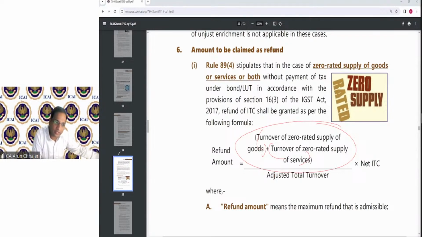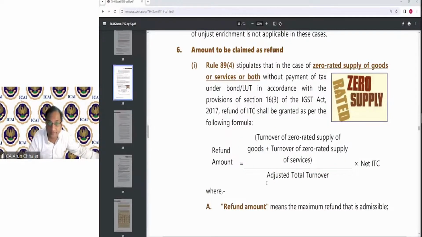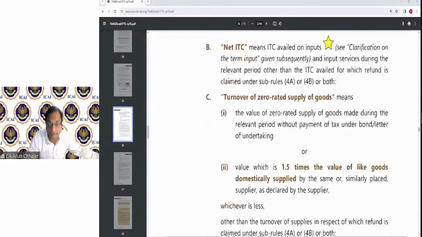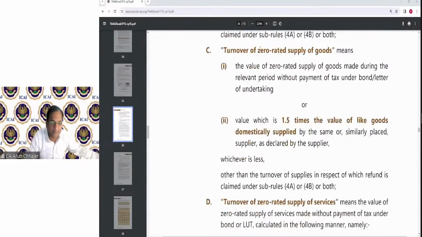What is the definition of the turnover of the zero rated supply of the goods? The value of zero rated supply of the goods made during the relevant period without payment of tax under bond or letter of undertaking, or 1.5 times of the value of like goods domestically supplied by the same or similar supplier as declared by the supplier, whichever is earlier.